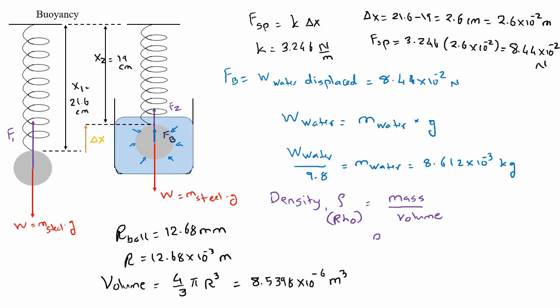Now using the mass of the water and the volume of the water, we can calculate the density of the water. So density will be mass, which is 8.612 times 10 to the negative 3, divided by volume, which is 8.5398 times 10 to the negative 6, and this turns out to be 1008.5.